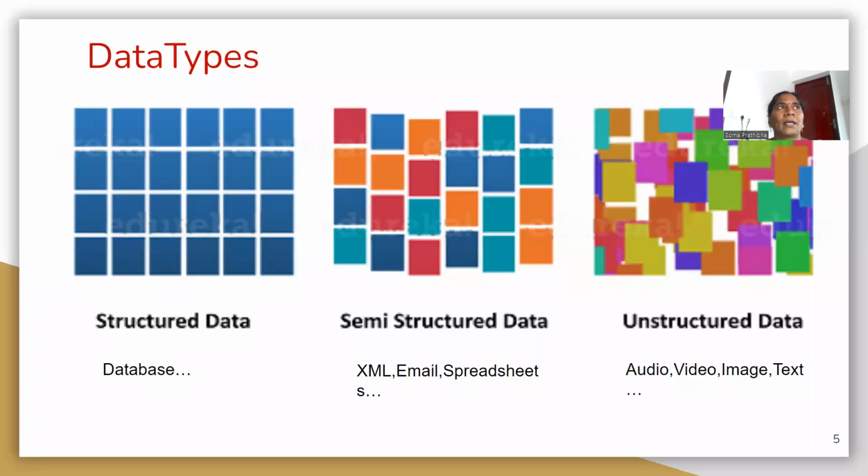That was in the early 2000s, or the 1990s or 1980s, when we had only database applications, wherein the data is stored in the form of a table. So there is some rigidness there. The data has to be stored in rows and columns only. There's no other flexibility given.